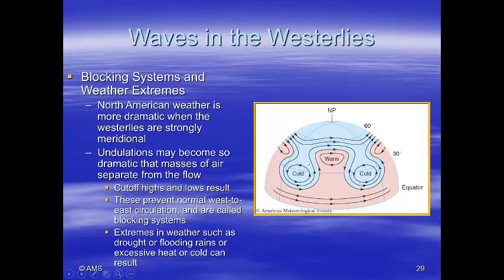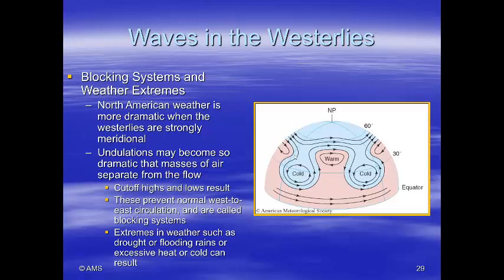So what we get are these undulations that may become so dramatic that masses of air separate from the flow. And what happens is we get this pinching off, and cutoff highs and lows result.